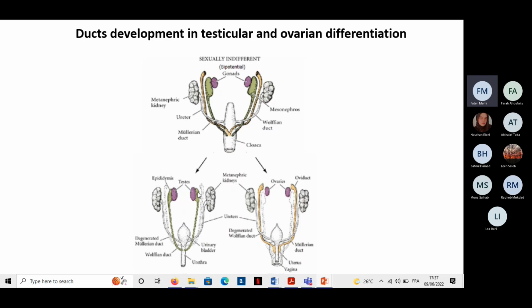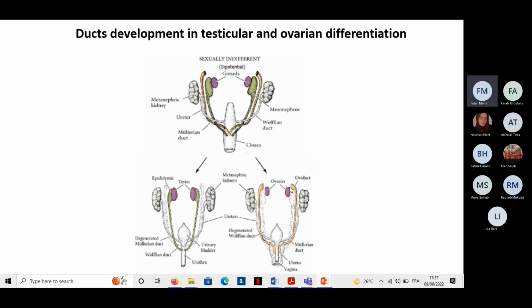And since in the males they have developed Sertoli cells, the Sertoli cells will produce the AMH, the Antimullerian Hormone, which will lead to the destruction of the Mullerian ducts. So the males will maintain the Wolffian ducts and the Mullerian ducts will disappear or regress in the males.